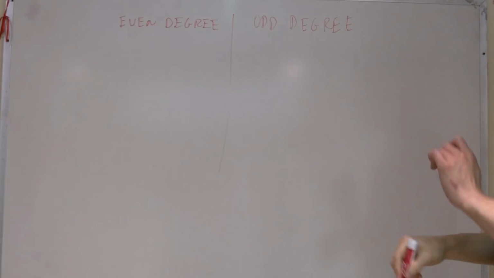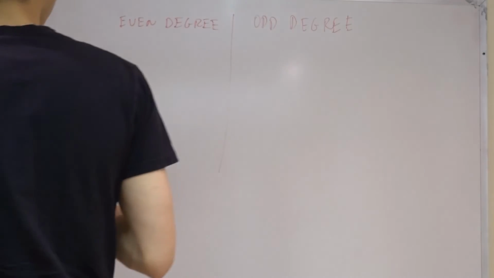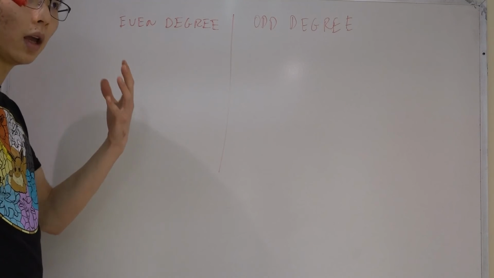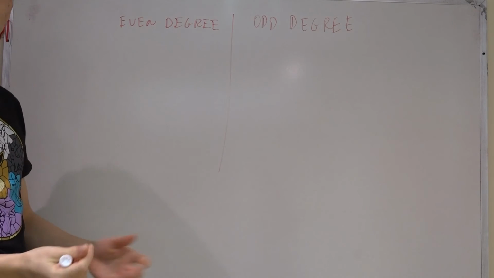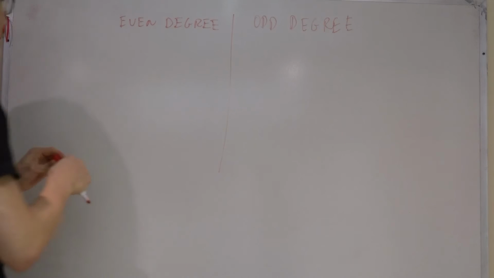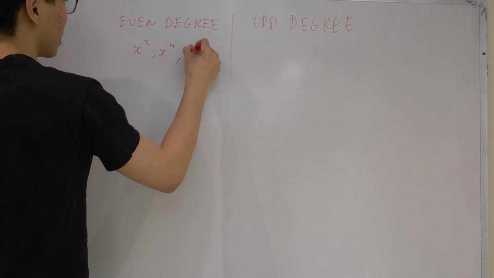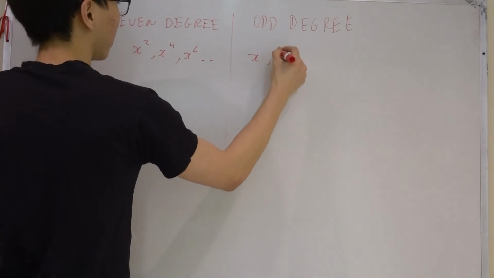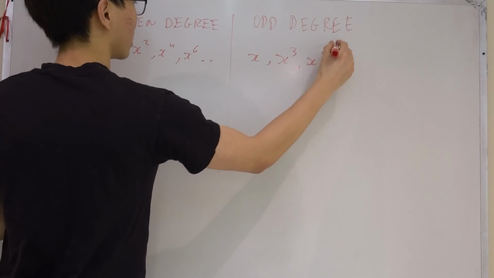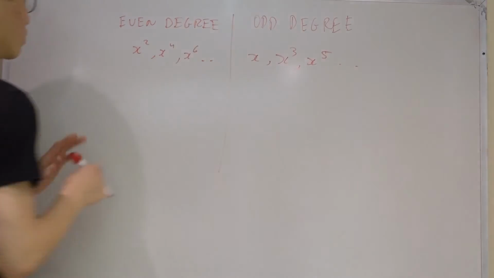So just think about raising a number to an even or odd power. Think about x squared, for example, or x to the 4, or x to the 6, and so on. Here we're going to think about x cubed, x to the 5, and so on.